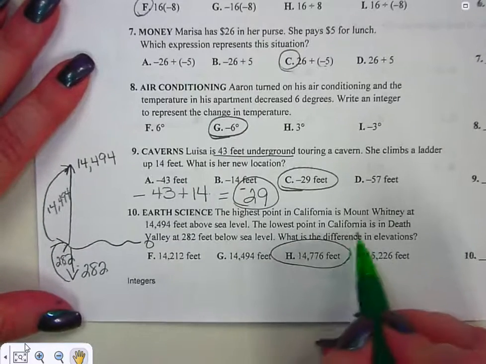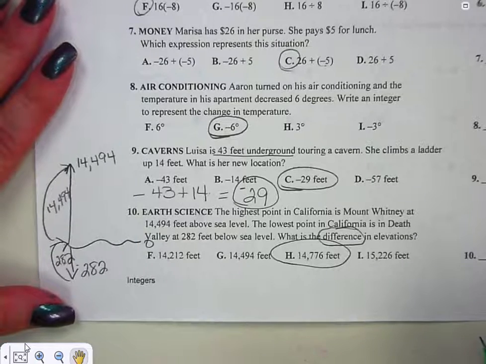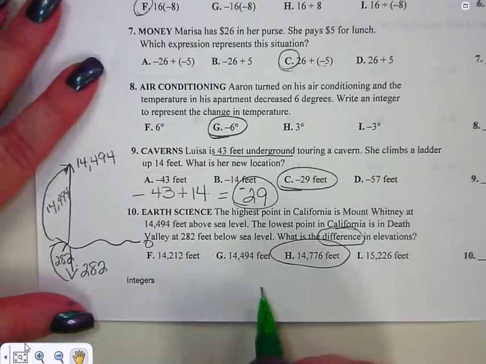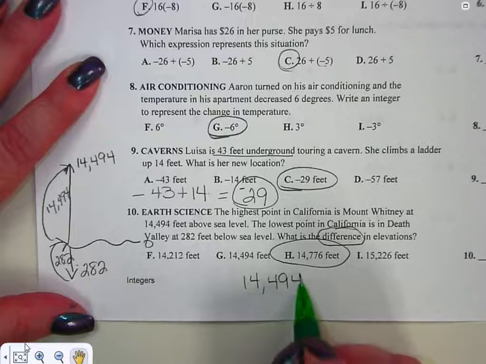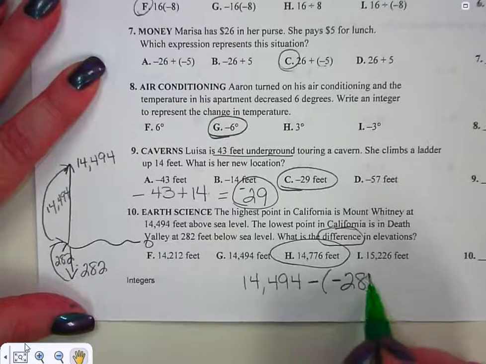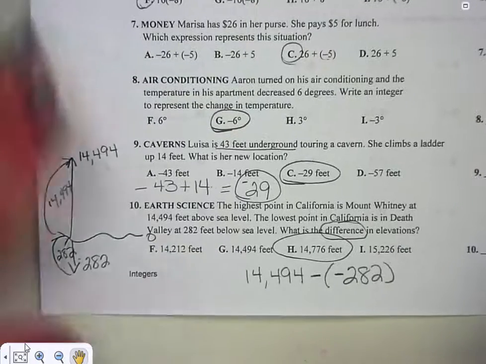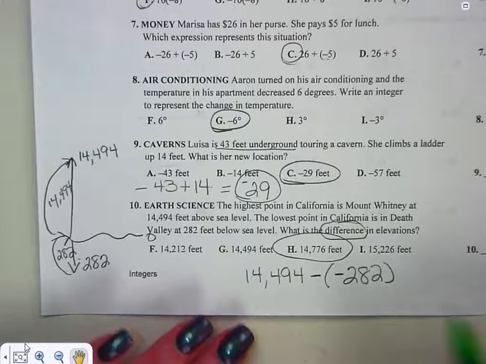But Mrs. Miller, it looks like difference means it's a subtraction problem. So think about it like this. You're at 14,494. Subtract negative 282. Uh-oh. Now what do we need to do? Add a line in.